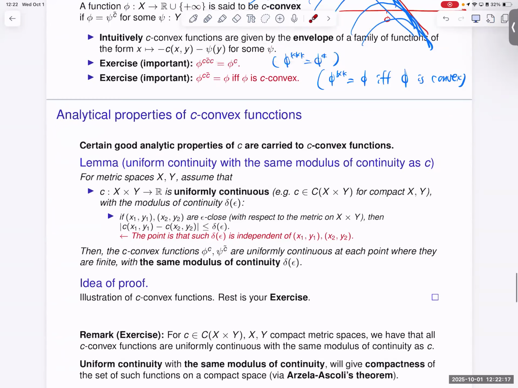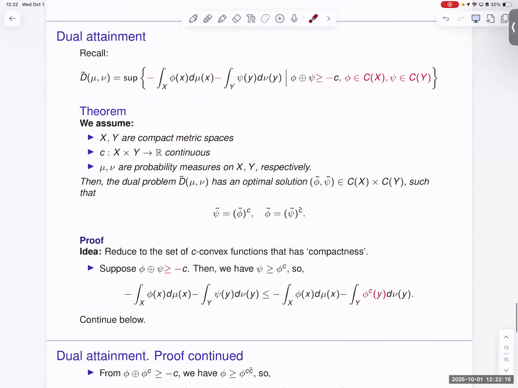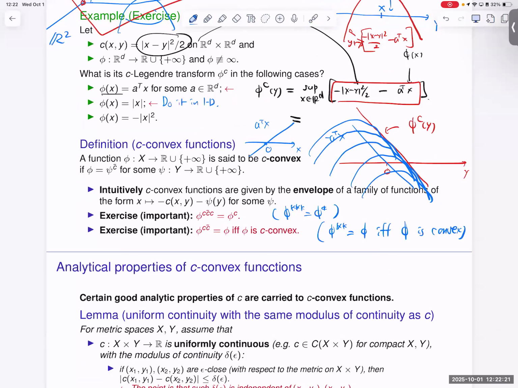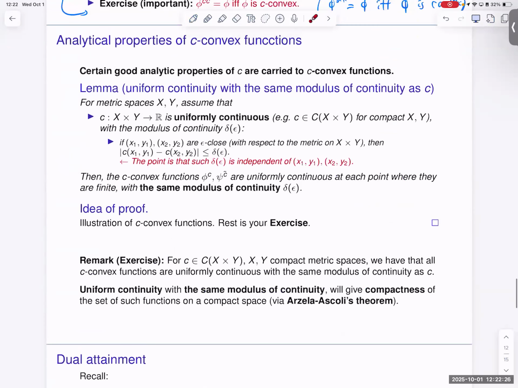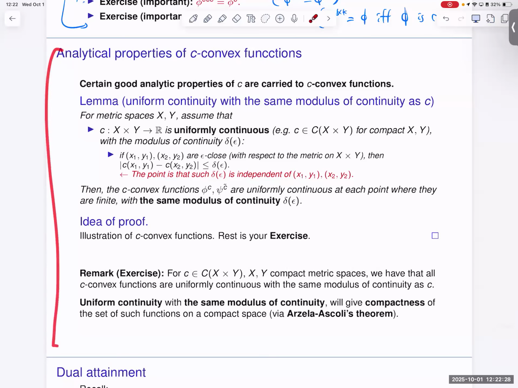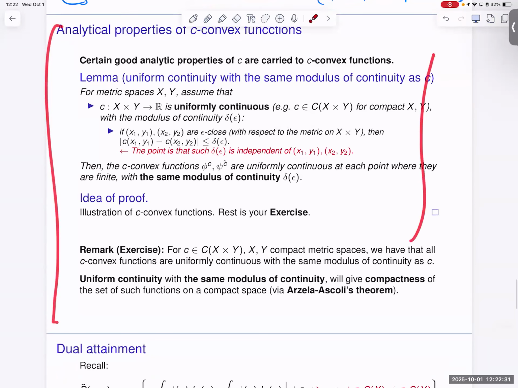Because of time, I need to stop here. Next time we will briefly discuss this part: why do we have equicontinuity of the C-Legendre transform when C is continuous, and why can we carry the modulus of continuity of C to its C-Legendre transforms?